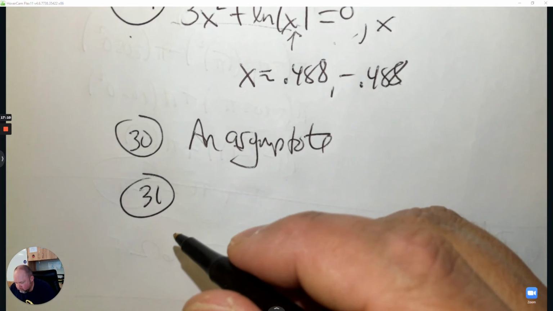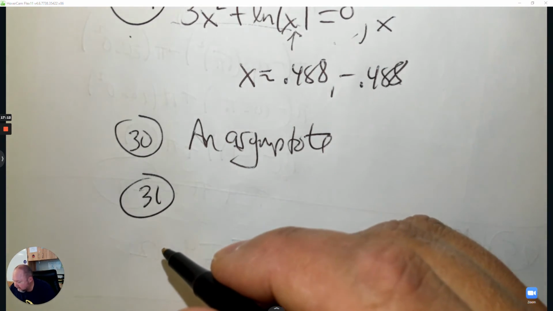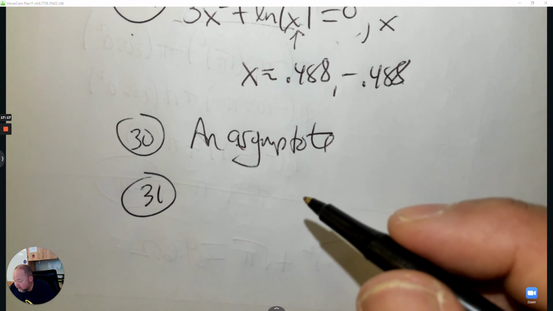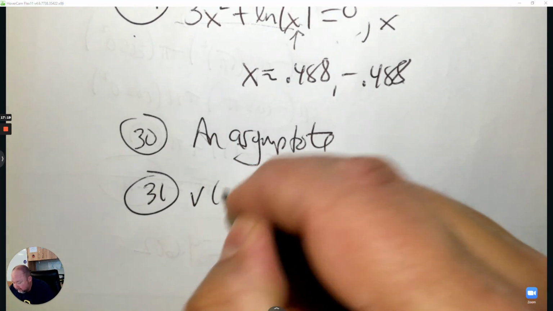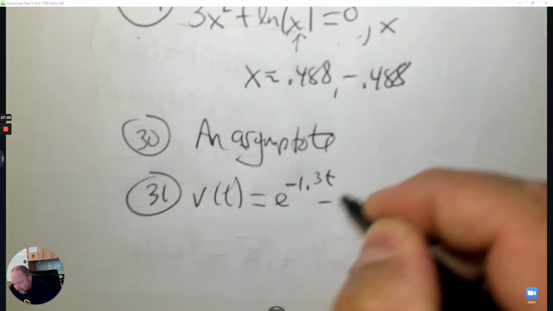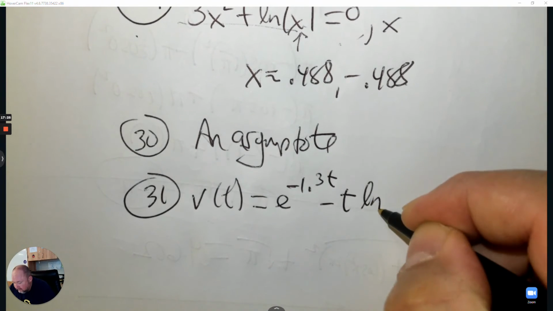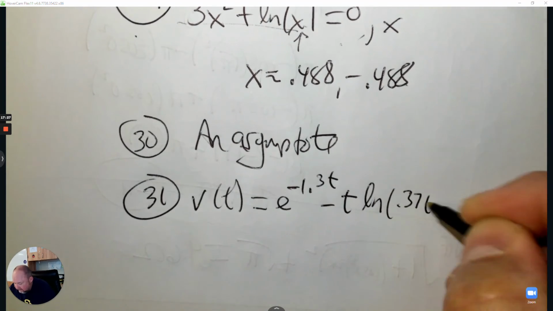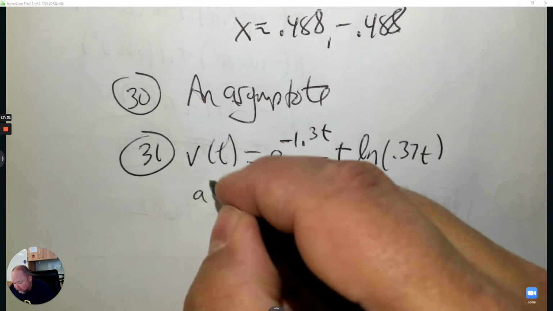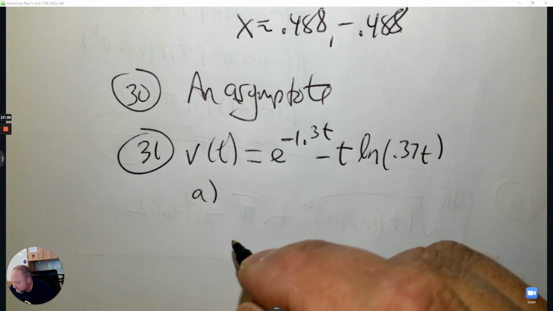31. For a particle moving along, it has this velocity, e to the negative 1.3 t minus t ln 0.37 t. This is definitely a calculator question as I see the numbers.